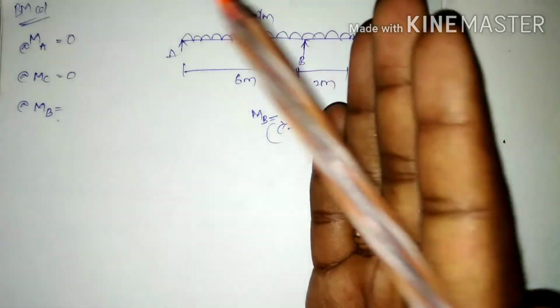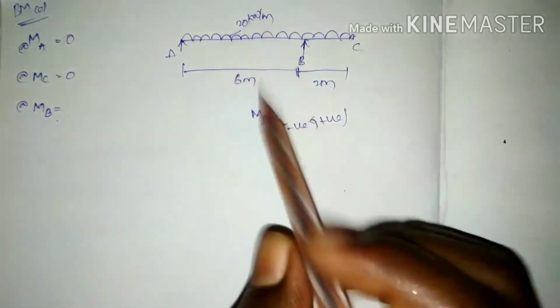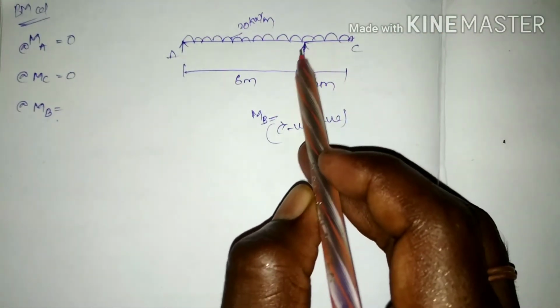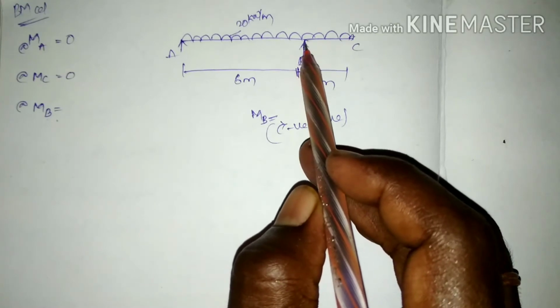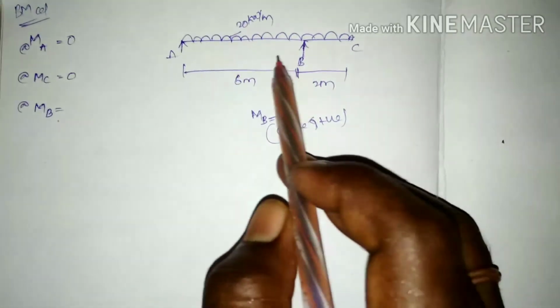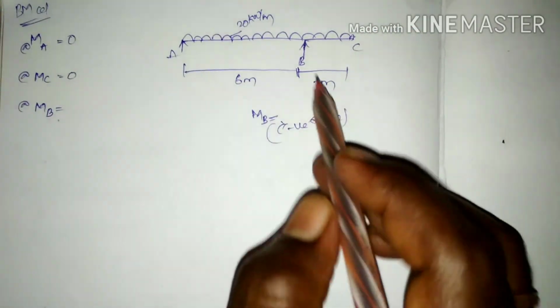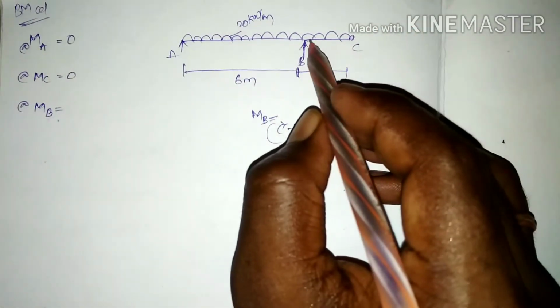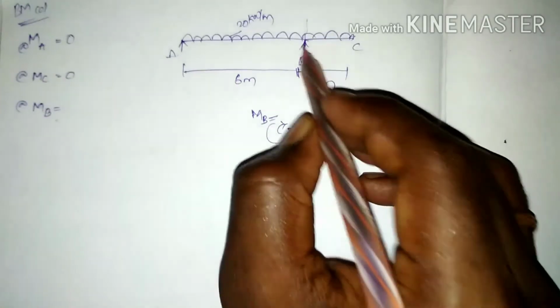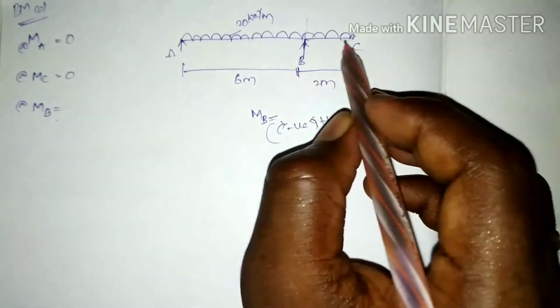For the reaction at B, if I take the moments from the right or from the left, it will be the same. So I am going to take the right section of the beam.